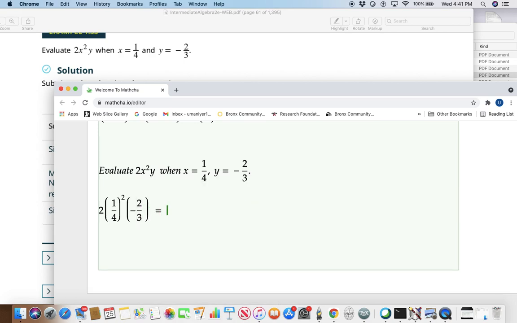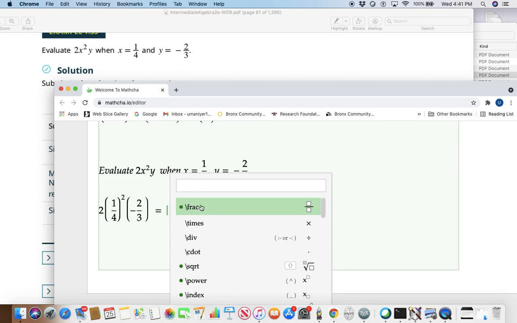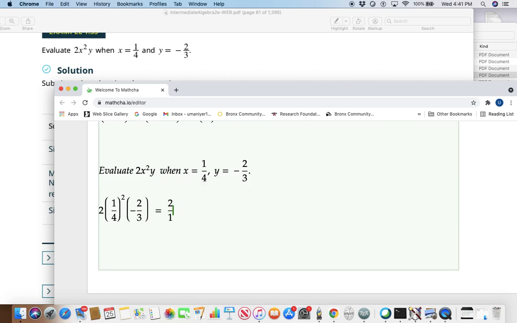All right. So, exponent takes precedence. 2 is simply 2, so you can write it as 2/1.